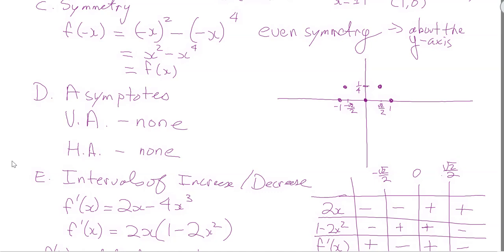Points of inflection: negative 1 over root 6, which was 0.41, and 1 over root 6, with a height of 5/36. So 1/4 is 9/36, and somewhere about here, at 5/36, there are points of inflection.